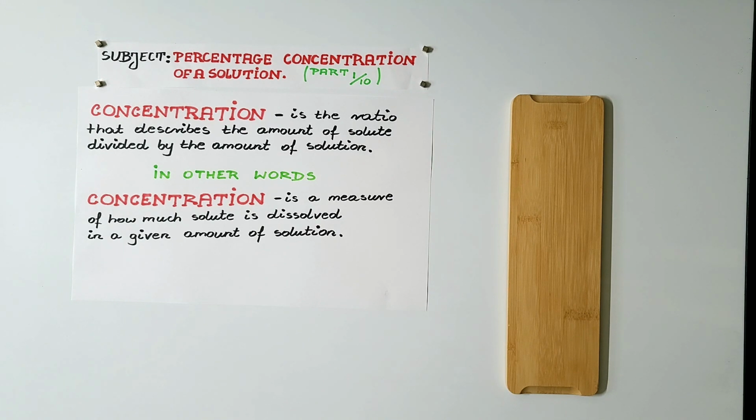In other words, concentration is a measure of how much solute is dissolved in a given amount of solution. In our case, concentration will be the amount of salt I add in relation to the entire amount of the mixture. Generally, in chemistry, we distinguish and calculate different types of concentration.